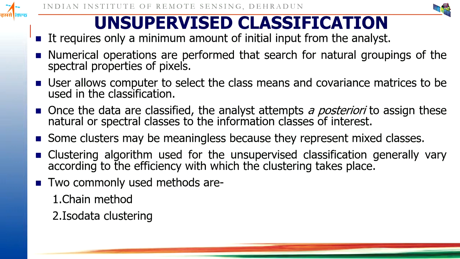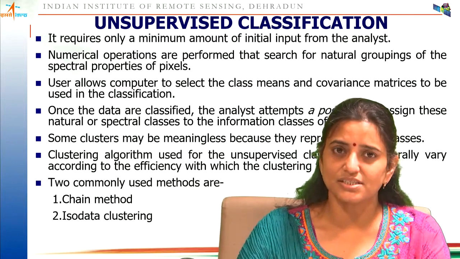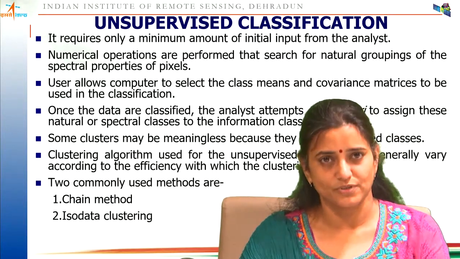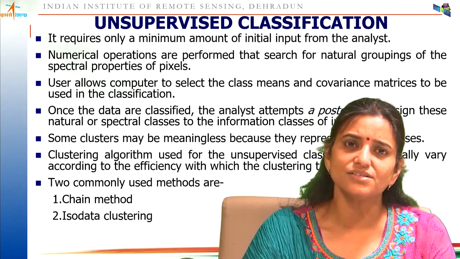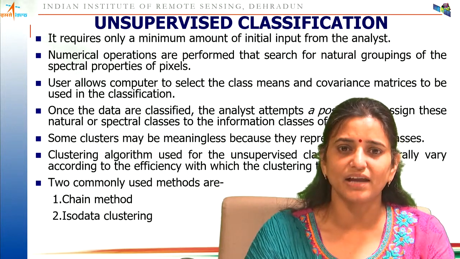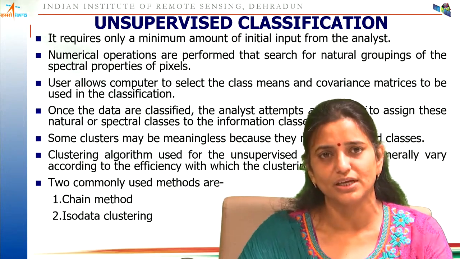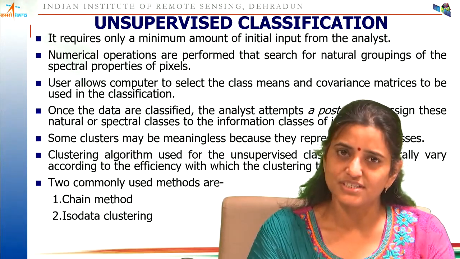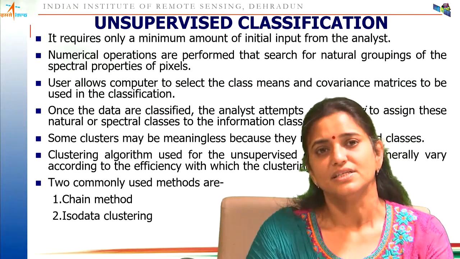Now, in unsupervised classification, the classification is always a two-step process. In the first stage, the computer is asked to create the mean values, which are class means or cluster means, which will be used in the second stage. In the first stage, the cluster means are calculated automatically by the system.